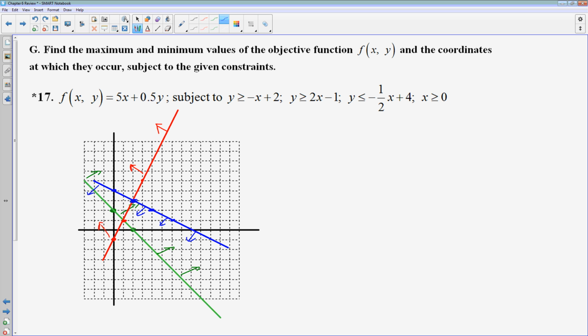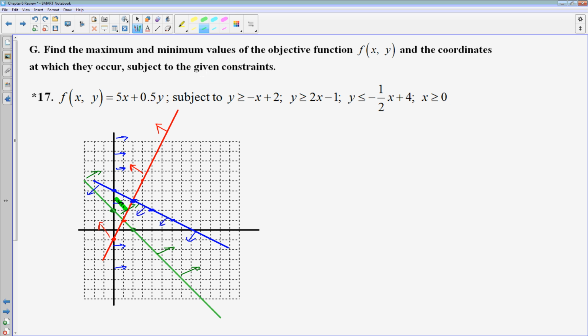And then my final one is my x's must be positive, which means I'm going to be on the right side of the y-axis. So I'm going to shade on the right side of the y-axis if my x's have to be positive. And my final shaded region is this small region right here.